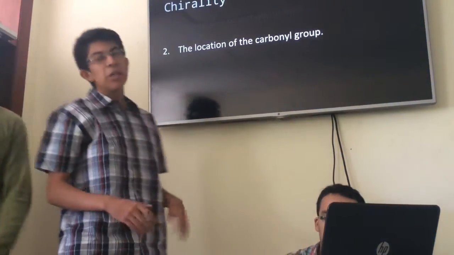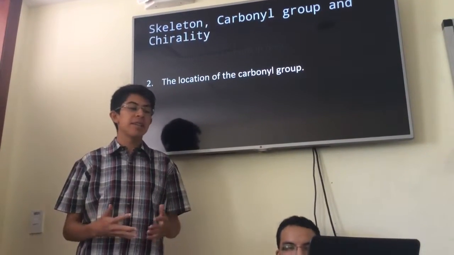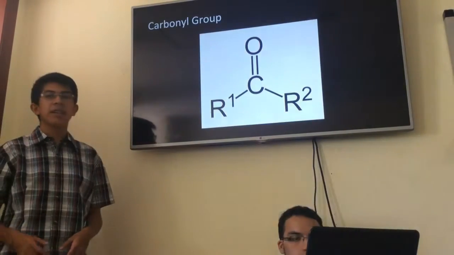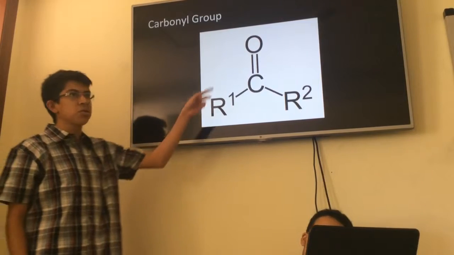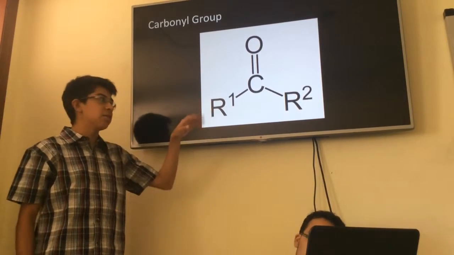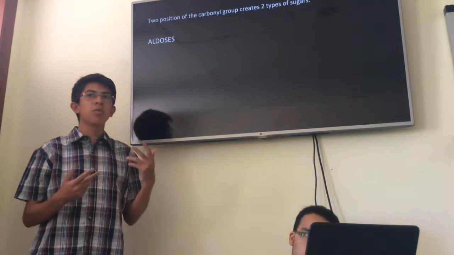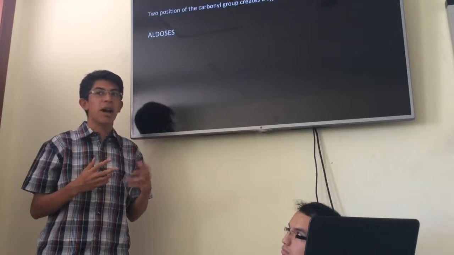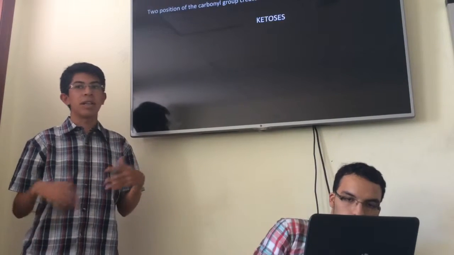Okay, I will explain the other way to classify monosaccharides, which is the location of the carbonyl group. The carbonyl group is a carbon with a double bond with oxygen and the rest of the molecule. There are two possibilities in a carbon skeleton: we could have aldoses or ketoses.